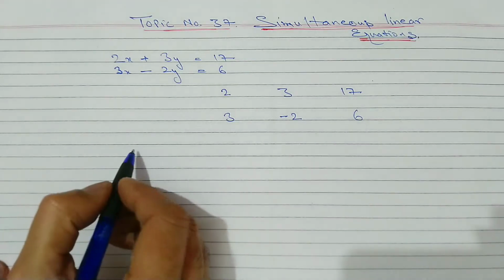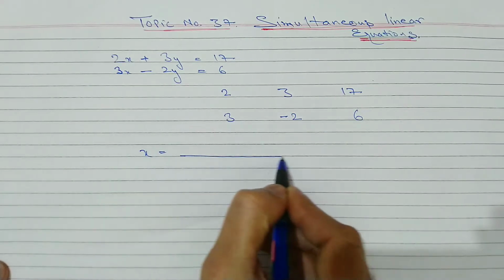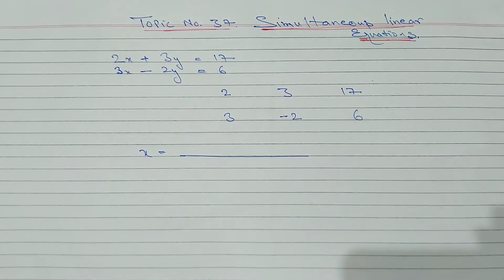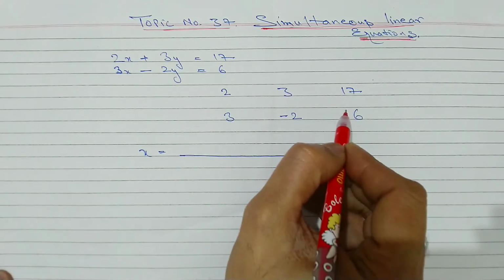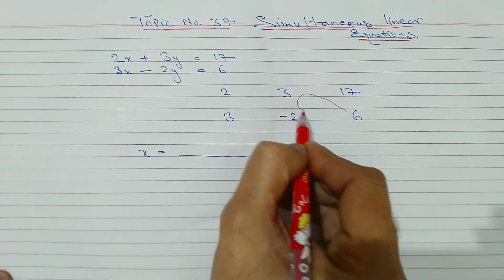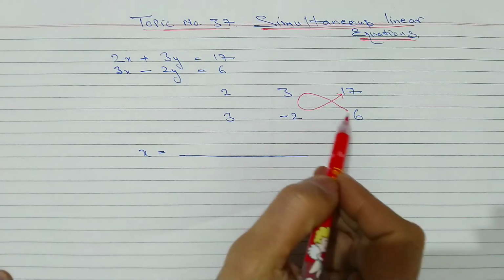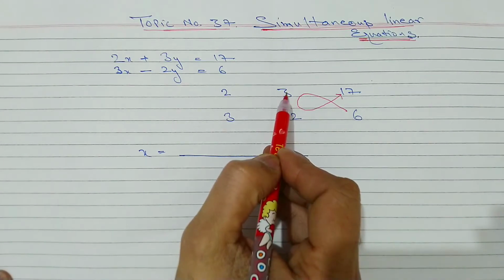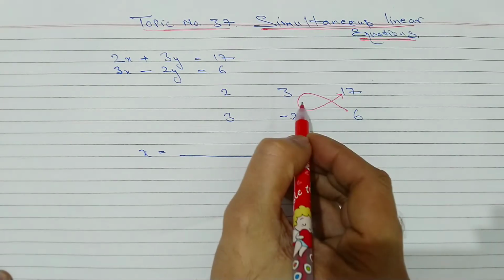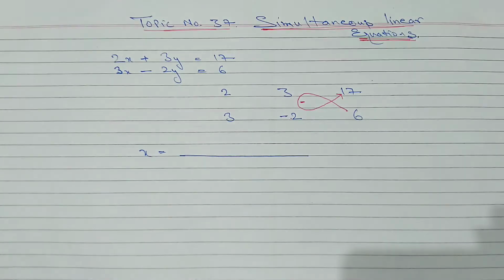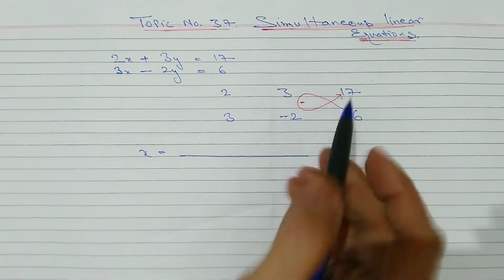Now to find the value of x, first multiply, draw alpha like this, means multiply 6 into 3 minus 2 into 17. 6 into 3 minus 2 into 17.